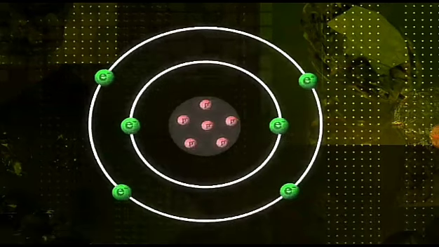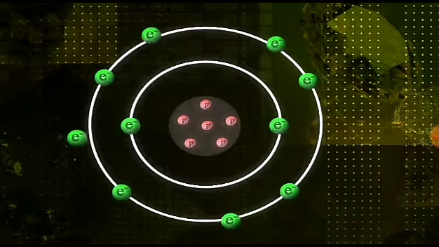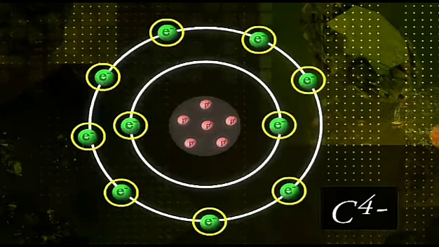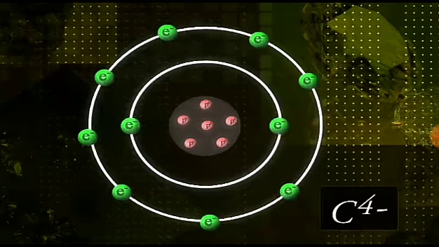Now, to complete its outermost shell, it could gain 4 electrons forming C4-, but it would be difficult for the nucleus with 6 protons to hold on to 10 electrons, that is 4 extra electrons.